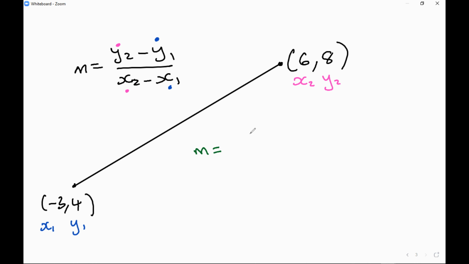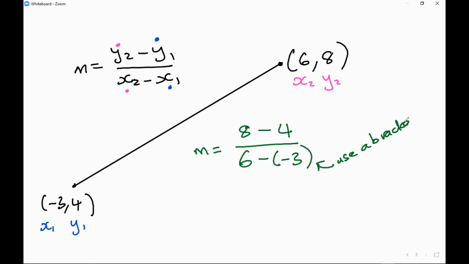Let's start with y2, which is 8, then minus y1, which is 4, divided by x2, which is 6, minus x1, which is negative 3. Notice whenever I substitute, I use a bracket. It's good to use a bracket whenever you show substitution, because now you can see minus two minuses become a plus. So this is going to become 4 at the top, and 6 plus 3 is 9. So the gradient will be 4 over 9.